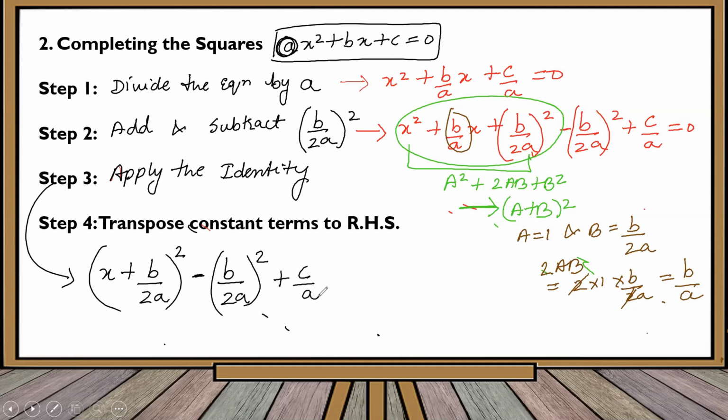Now if you observe these last two terms, these are your constant terms. So let us transpose these constant terms to RHS.